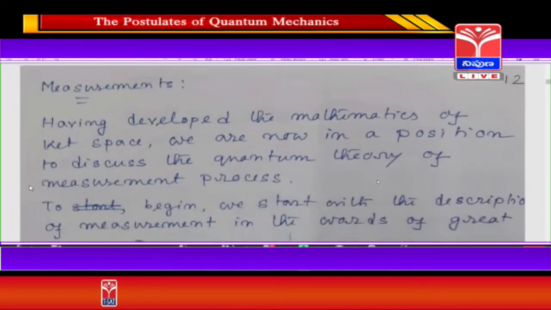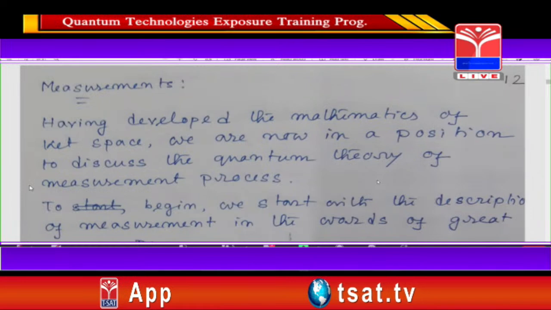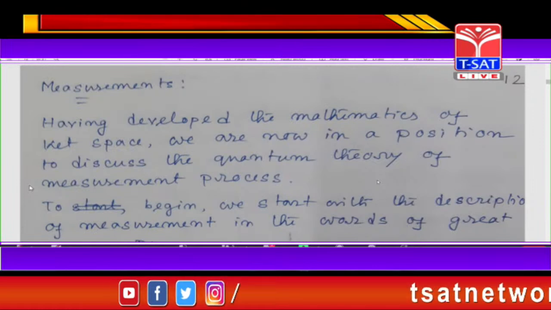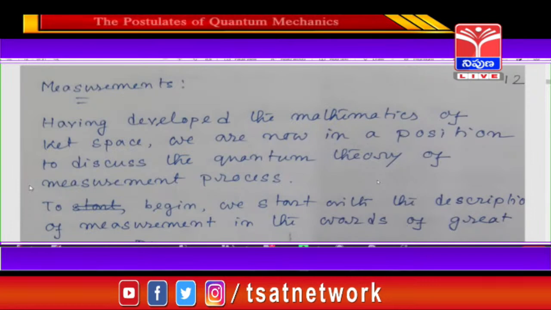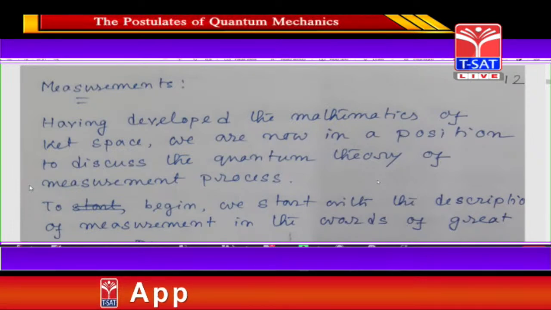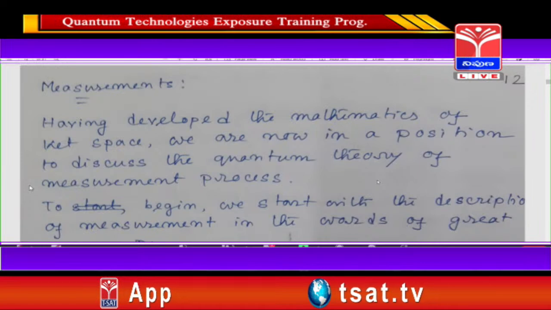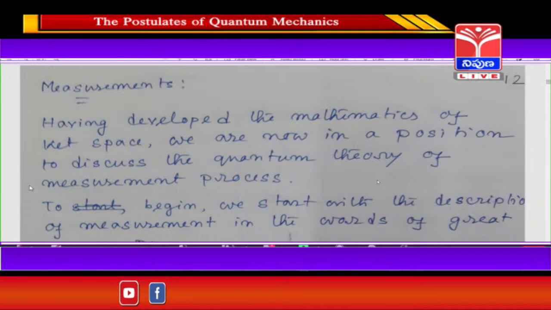So what is measurement? Now we are talking about something that can be understood and experimentally realized. As I said before, the state vectors are encoded with all the information of that particular quantum system.